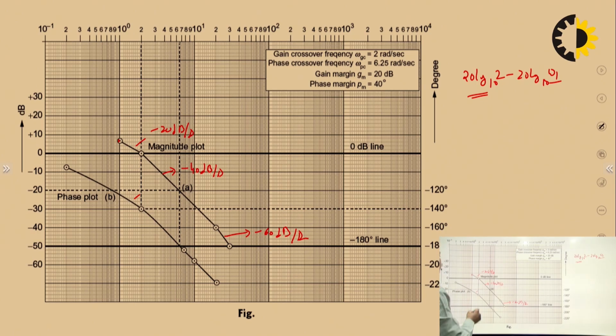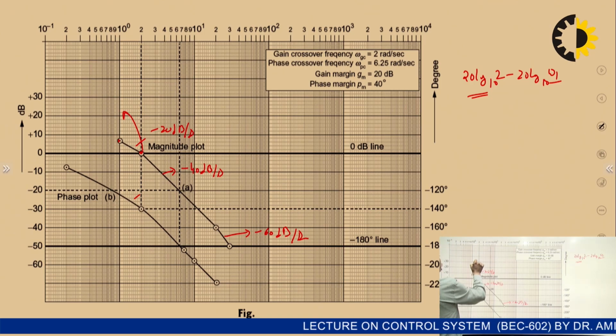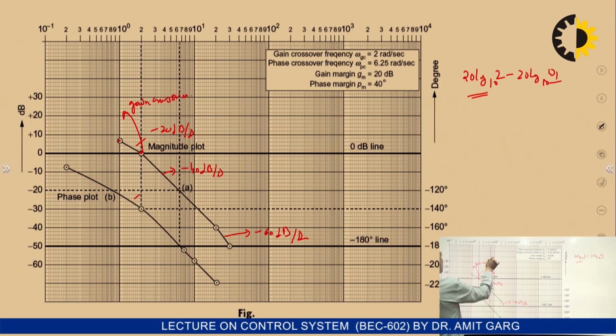Now, an important thing is that the point where the magnitude plot cuts the 0 dB line is called the gain crossover frequency, omega GC.